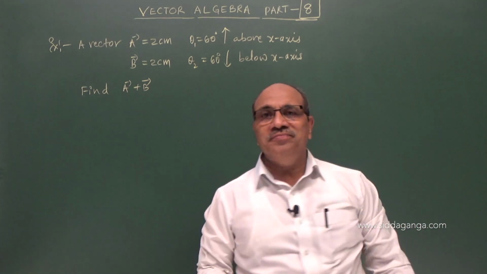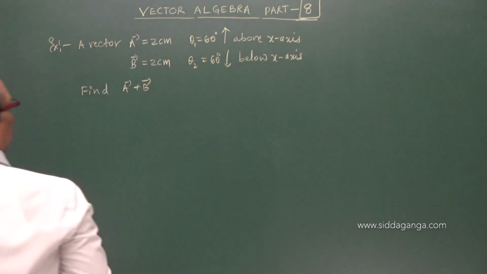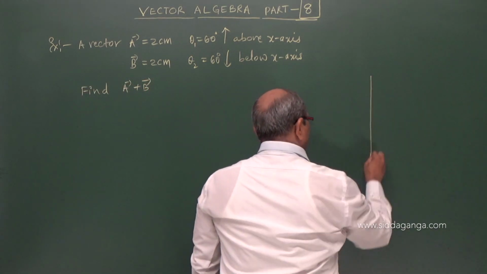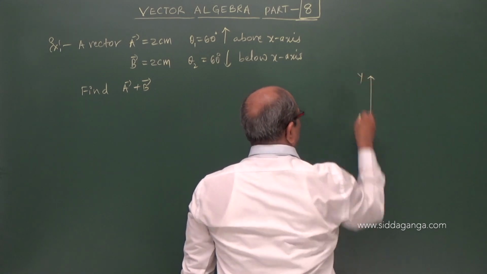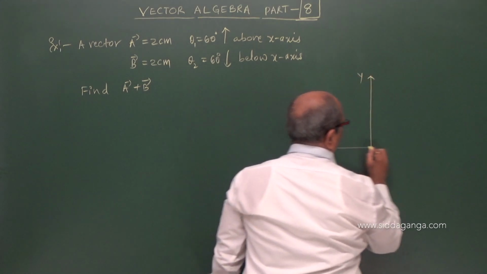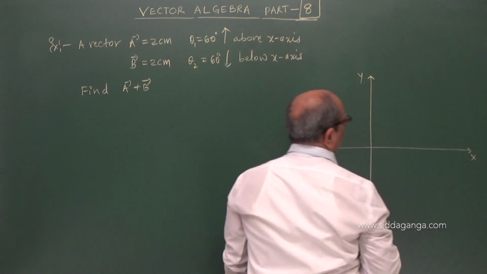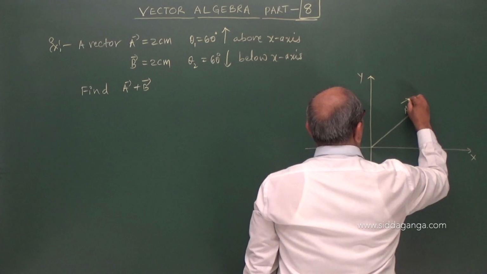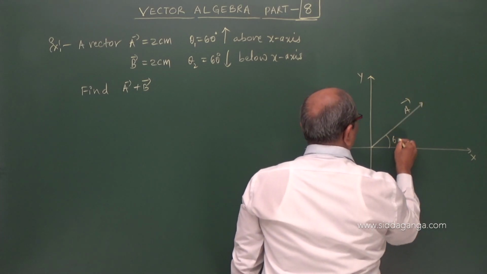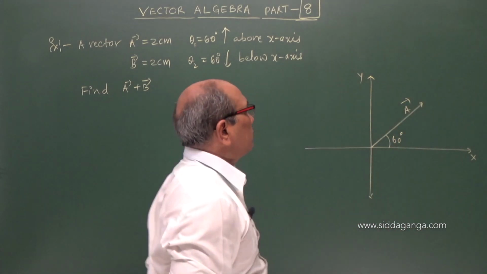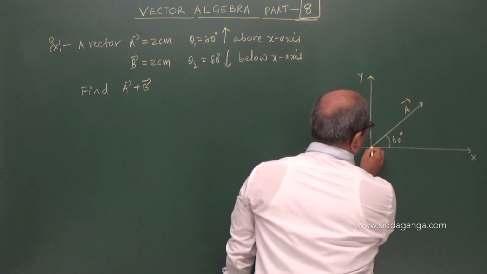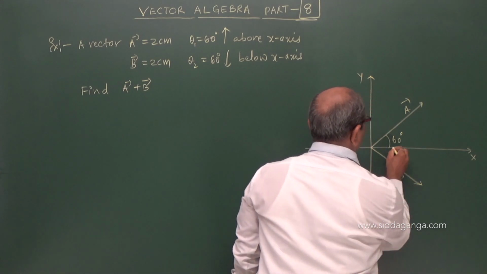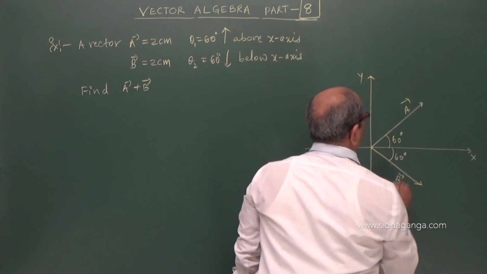Now think again. You are given the two vectors. First, geometrically construct, you understand. So it is the y-axis and x-axis. Now one vector A is making an angle 60 degree upward, and another is 60 degree down, vector B, which is also 60 degree.